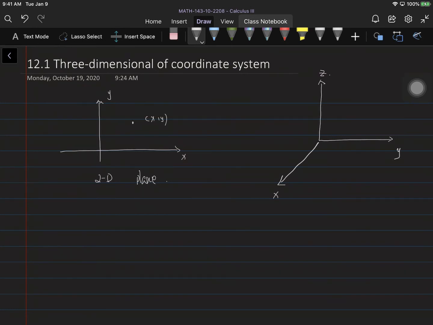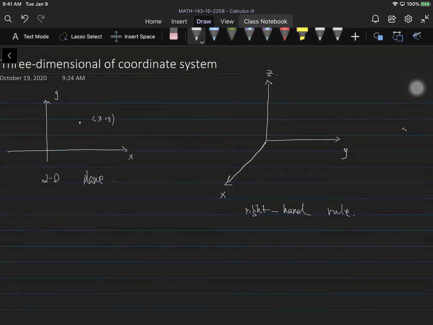And we have the right-hand rule. Right-hand rule means if you use your right hand and start from the x-axis and go to the y-axis, your thumb points to the z-axis.